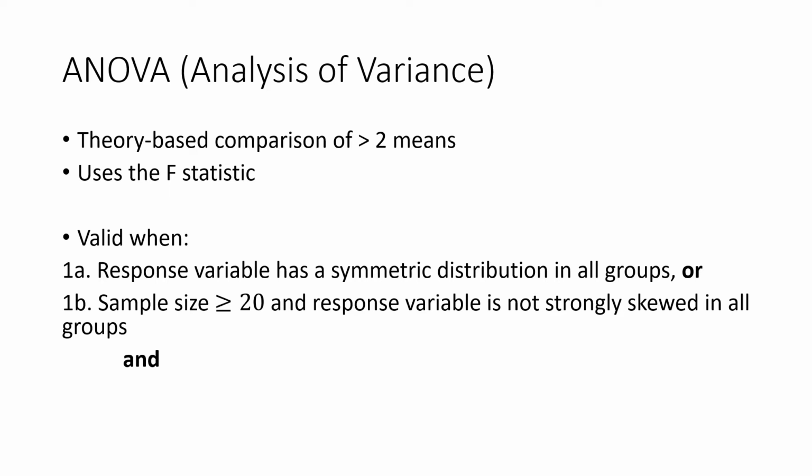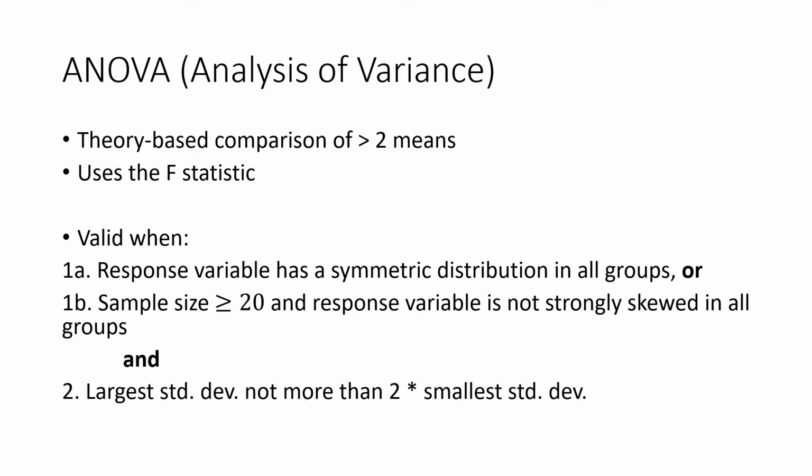In addition to that condition, we need the largest standard deviation to not be more than 2 times the smallest standard deviation. In other words, we need all the groups to have similar amounts of variability.